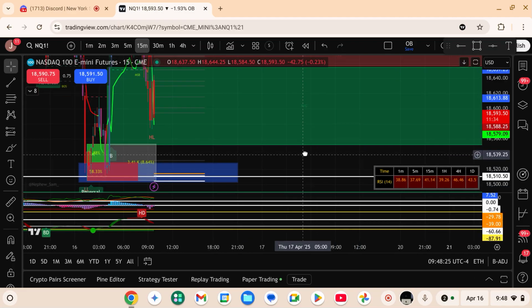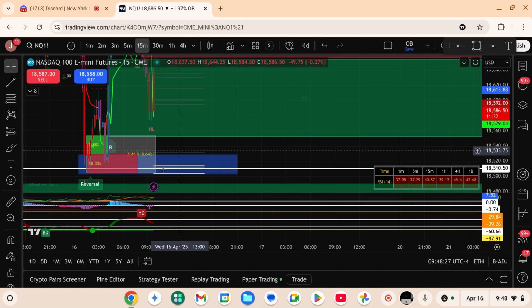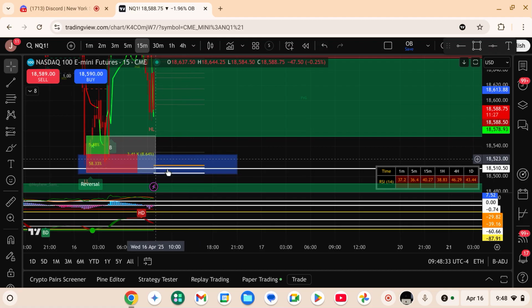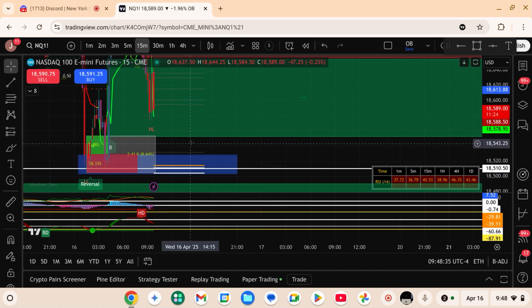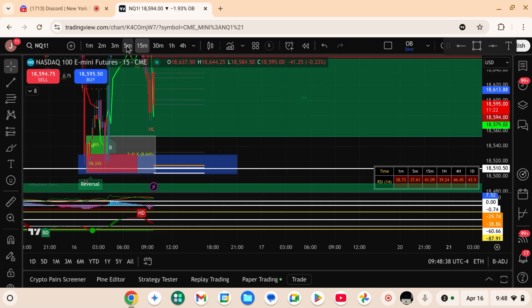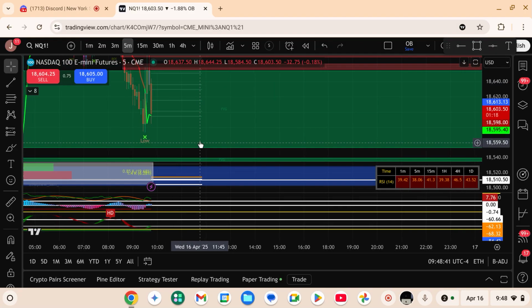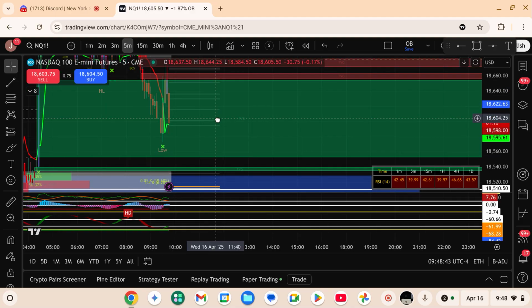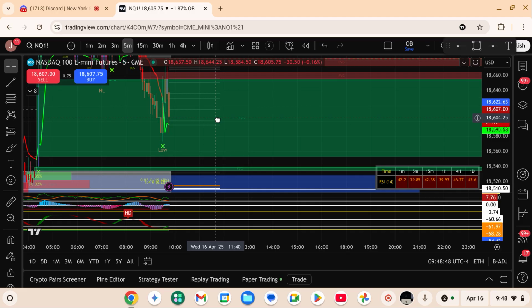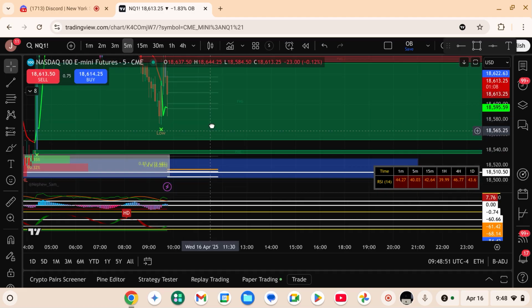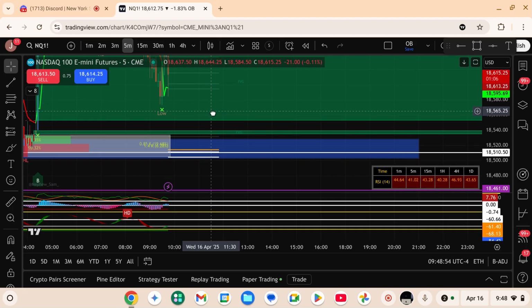Okay, looks like it wants to take all of this. Yeah, for sure. We'll wait for price to come into here. I didn't get my sell entry. Yeah, I missed it too. Oh well. Might get another one. This is open.